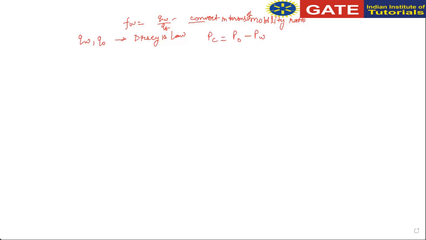And FO is equal to 1 minus FW, because the total cut will be 100%.